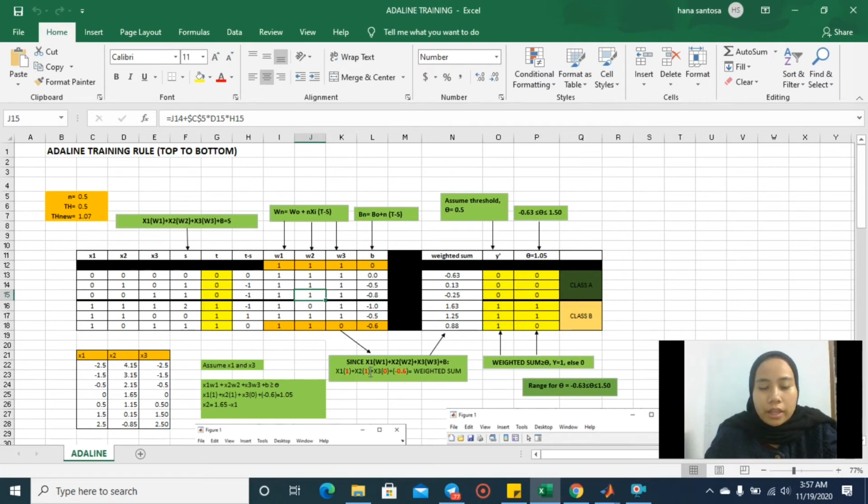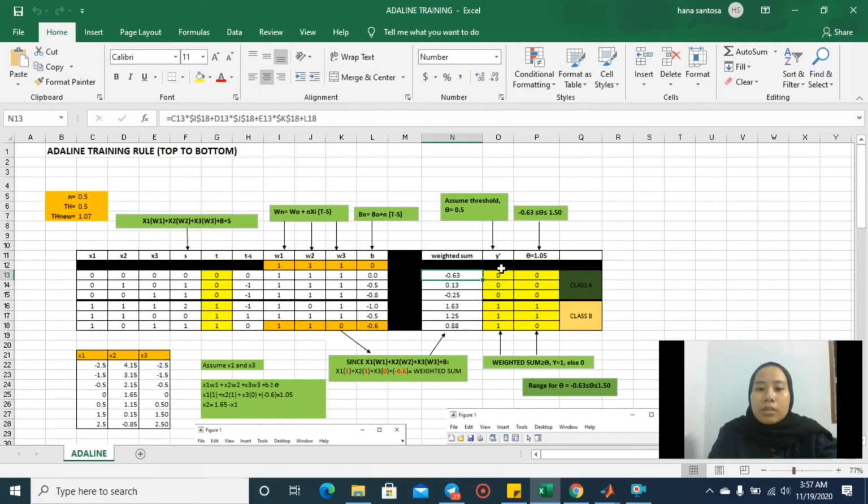The weighted sum is x1 times w1 plus x2 times w2 plus x3 times w3 plus b. Before that, the values of w1, w2, w3 and b we are using are 1, 1, 0, negative 0.6, and we got the weighted sum value using this equation.